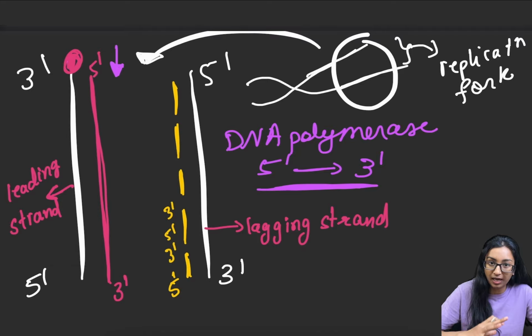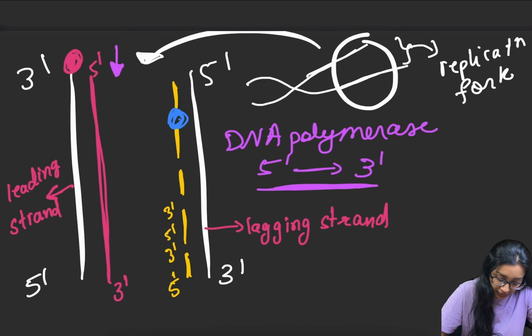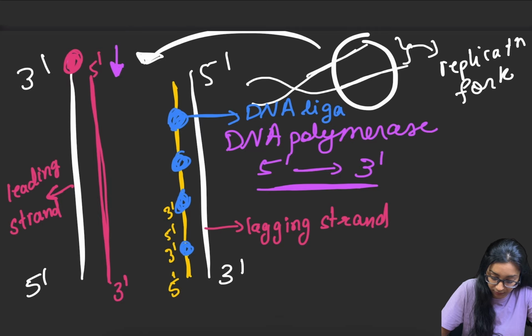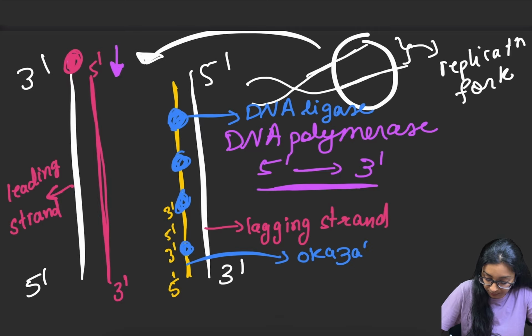It has to be stuck together. To make them stick together, we have a glue called DNA ligase. Here will be the presence of DNA ligase, which will stick these fragments. These fragments are known as the Okazaki fragments.